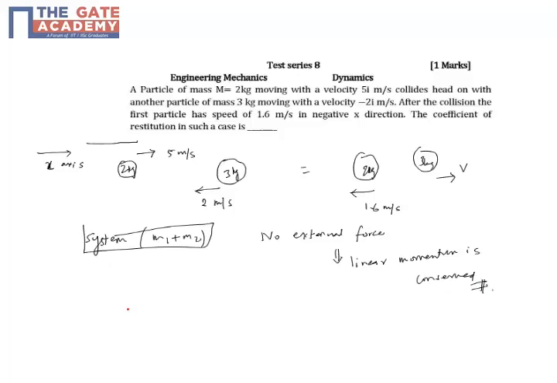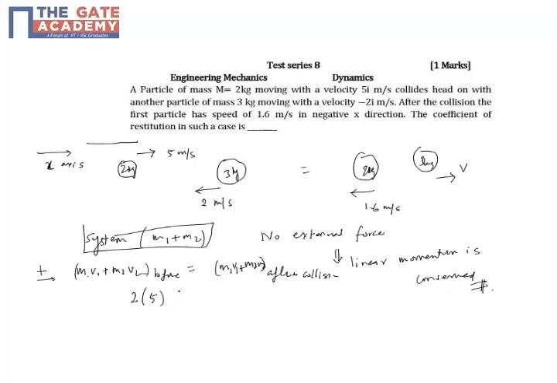So we write down that the linear momentum before collision is equal to the linear momentum after collision. Before collision, the linear momentum is m into v, so 2 into 5. We assume this is the positive direction. So m1 v1 plus m2 v2 before the collision has to be equal to m1 v1 plus m2 v2 after the collision.